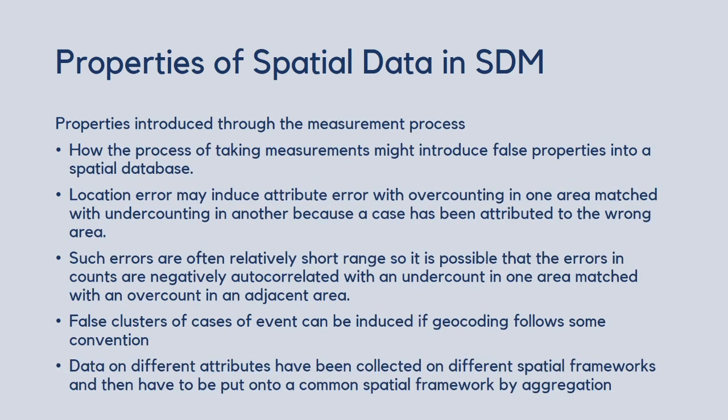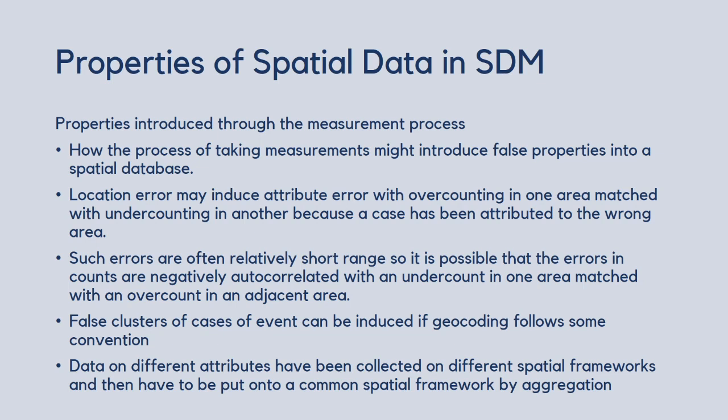Next are the properties introduced through the measurement process. This is how the process of taking measurements might introduce false properties into a spatial database. Locational error may induce attribute error, with overcounting in one area matched with undercounting in another area because a case has been attributed to the wrong area.